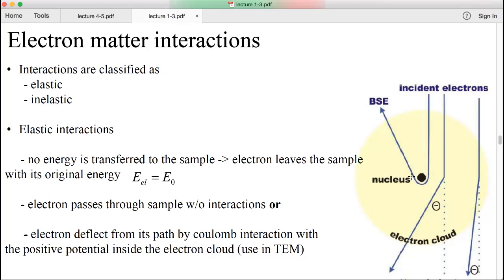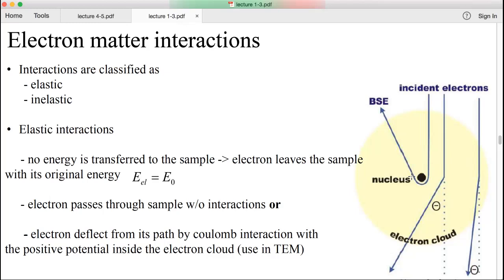It came in because of this attraction force, takes a U-turn and leaves the sample. And we have the backscatter electron detector positioned in such a way that it can capture these backscattered electrons. They capture it, detect it. We'll be talking about these backscattered electrons later.